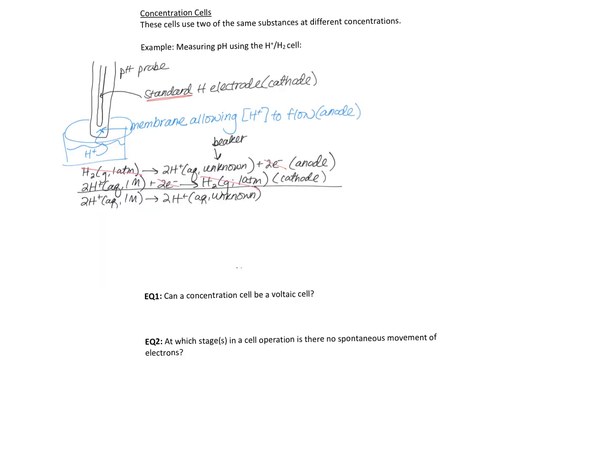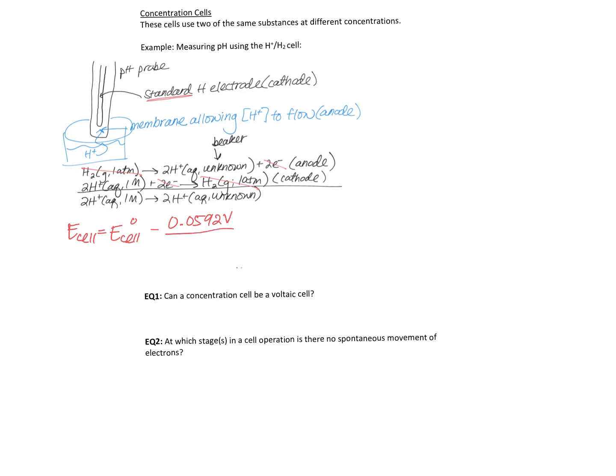So let's write out what our E cell would be for this reaction. If we wanted to calculate what the cell potential was, E cell is equal to E cell naught minus 0.0592.